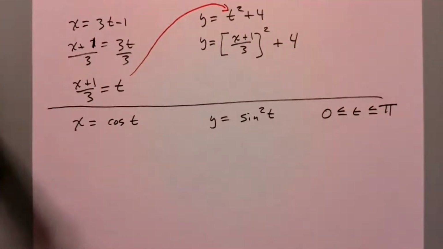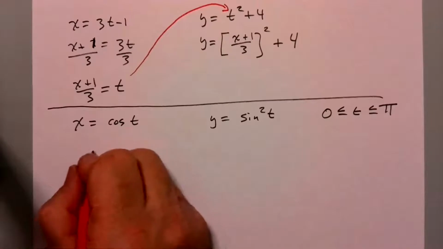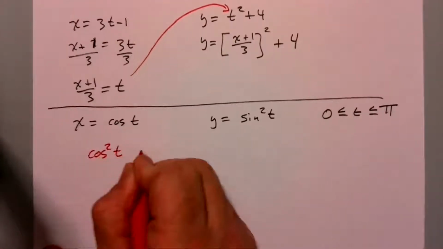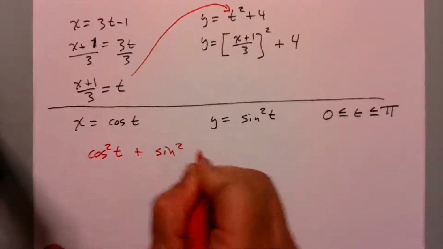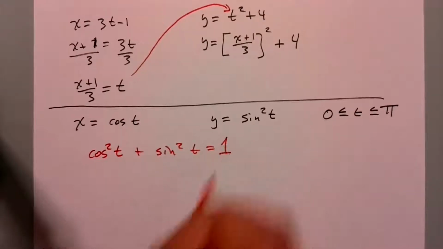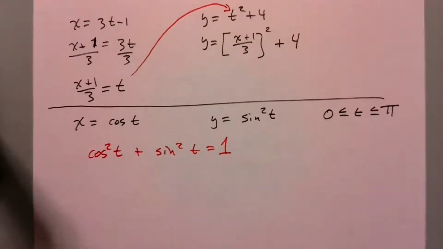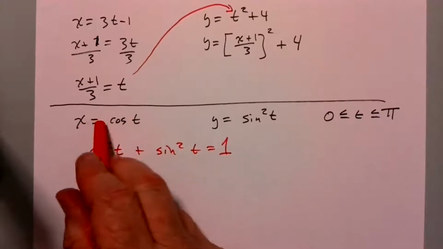So what is that going to look like? What will the equation be when we eliminate the parameter? Now, to do this, we've got to keep in mind one of our favorite identities. And maybe it's obvious that the identity I want to use here is cos squared t plus sine squared t is 1. Well, knowing that, cos squared t, cos t squared, that's just x squared.